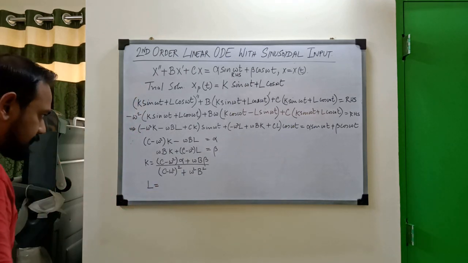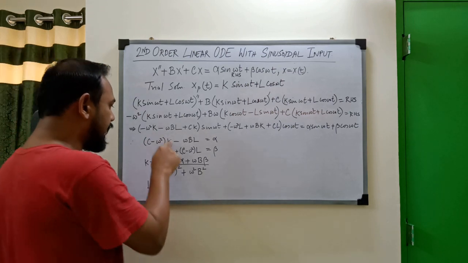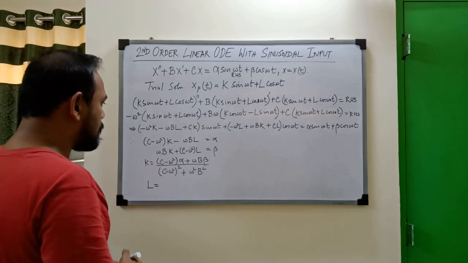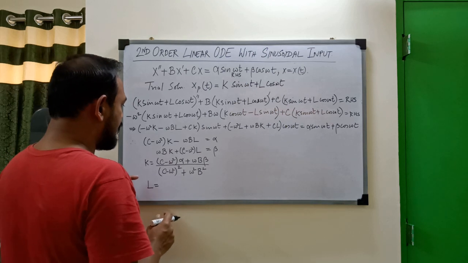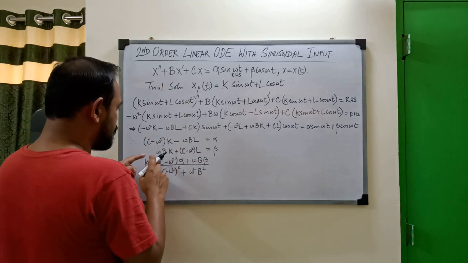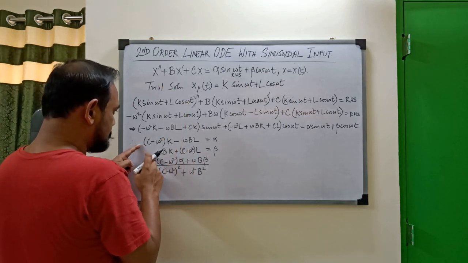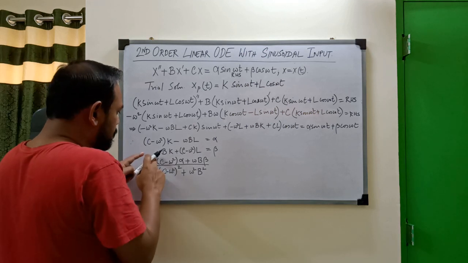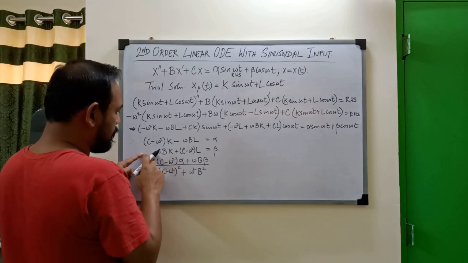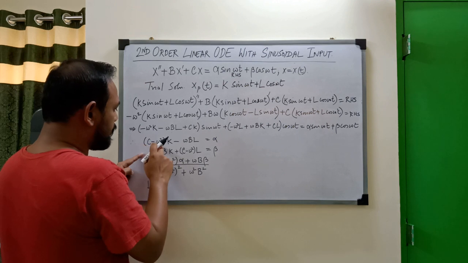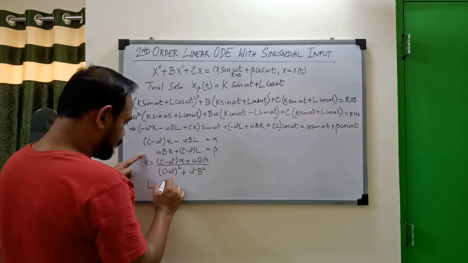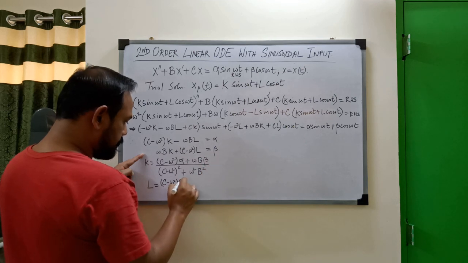We do the same trick, except now this time we eliminate K. So let's multiply the second equation by C minus omega square first. So I have a C minus omega square. From the right hand side, I'm going to get a beta.